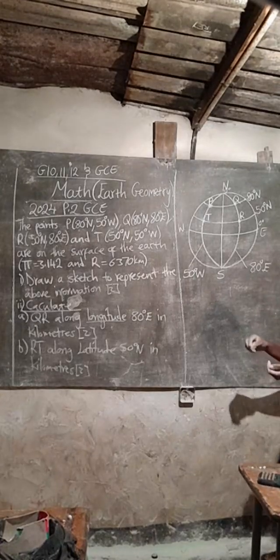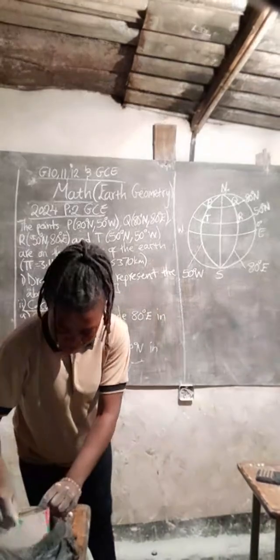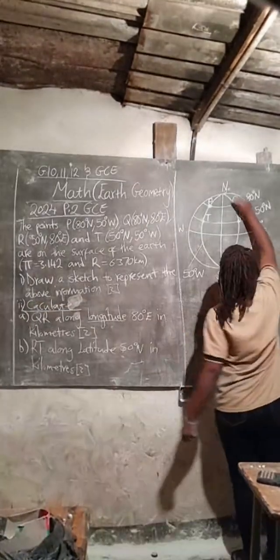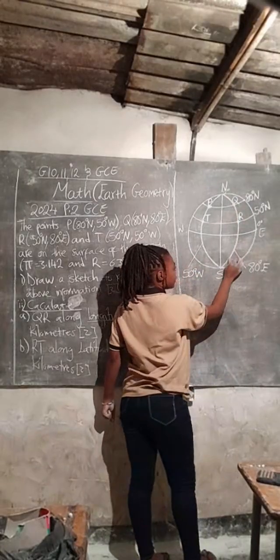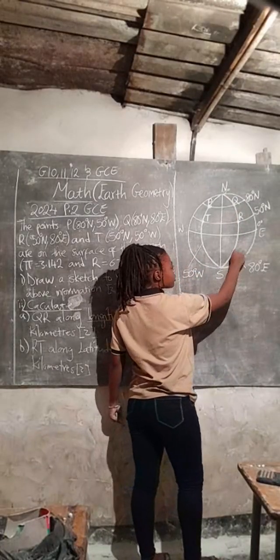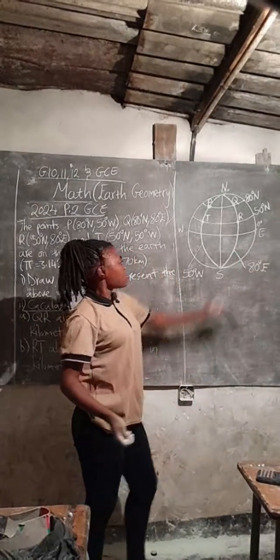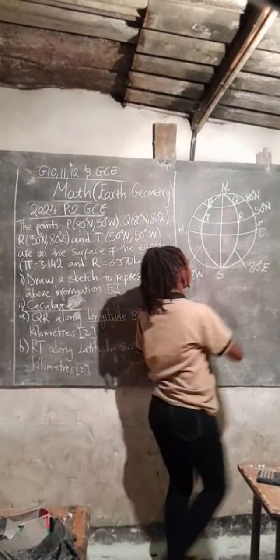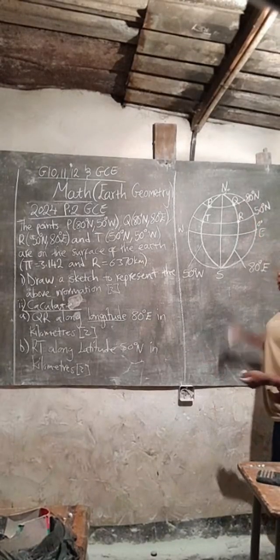So which line is that one? It's this line. It's no different. So it's this line, this longitude here. This one is longitude what? 80 degrees east. So we have point Q, which is this point here, and point R, which is here.